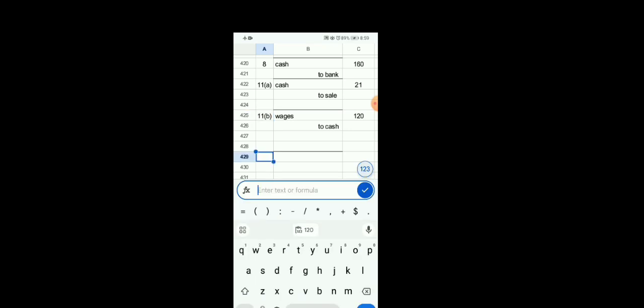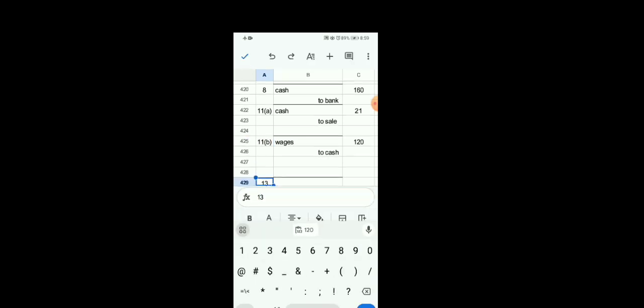What does entry 13 say? First we will mention the date, 13, and now let's see. Received a check from Aftab Ahmed for 360 and a discount of rupees 10, and paid this check into the bank.